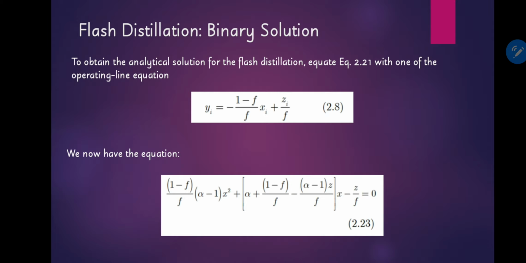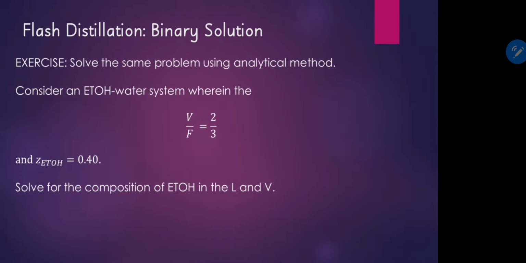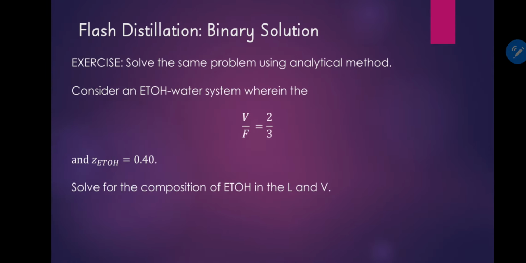So this is for the analytical solution of flash distillation to determine the vapor phase composition and the liquid phase composition. For your exercise, I want you to solve the composition of L and V given the same problem.